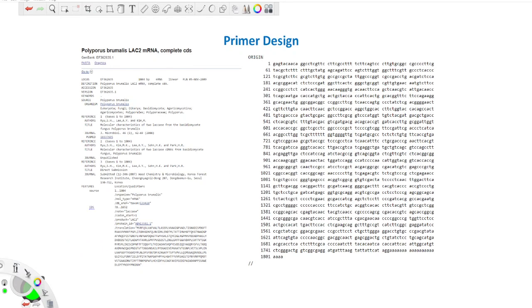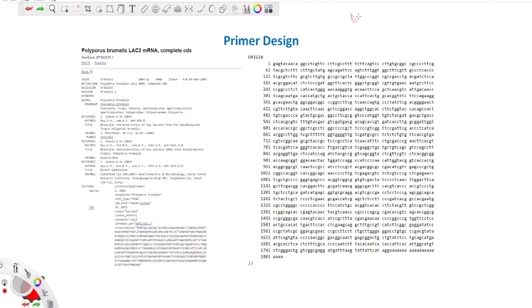What we are looking at is an mRNA fragment, or a nucleotide fragment, and what we'll try to do here is to design the primer. Okay, let me just use a nicer color.